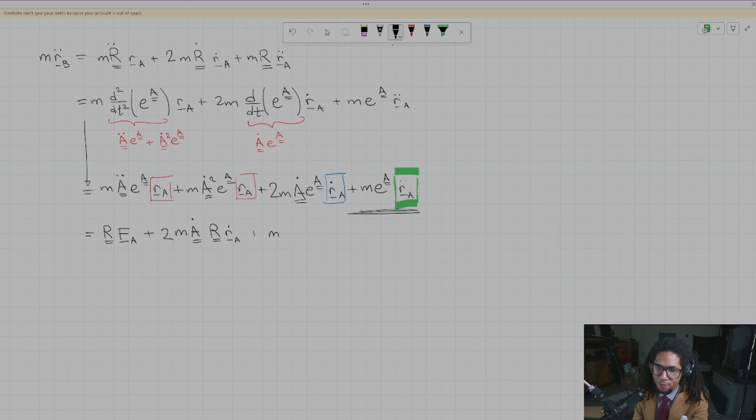We'll have m times A double dot plus A dot squared times R times r_a. Good. And so, because on the left-hand side, what we really have is F in the B reference frame, we now have a relationship between the forces in the two reference frames.